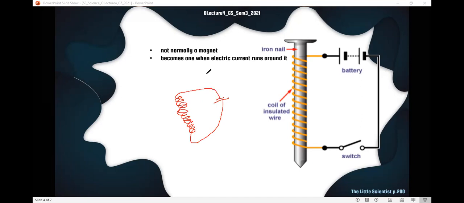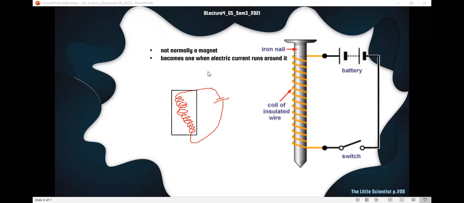When the electricity passes through these coils, a magnetic field forms. This magnetic field, this electromagnet right here, will attract pins, and metal coins if you have any. That's what we call an electromagnet.